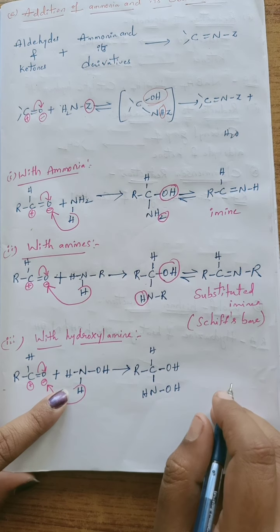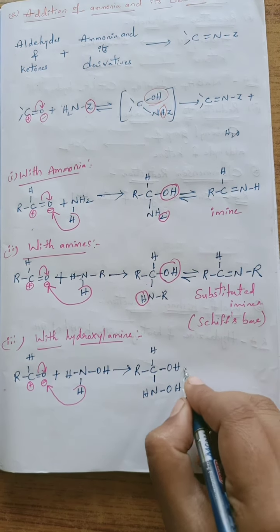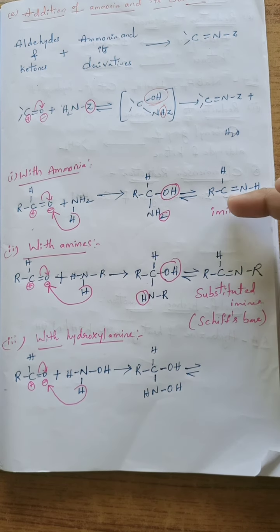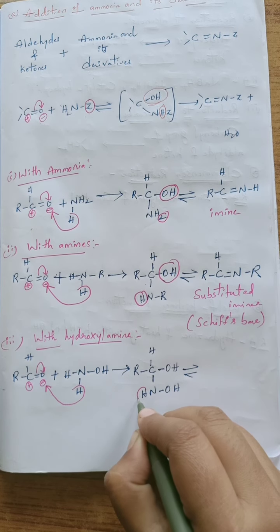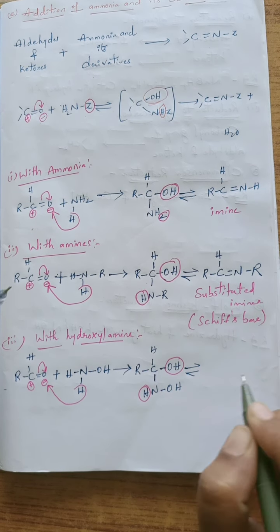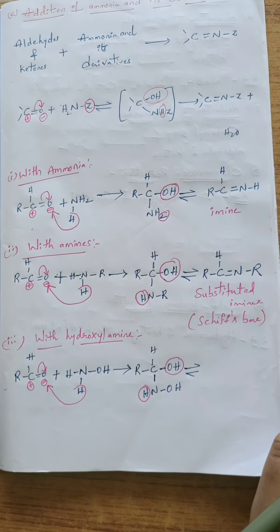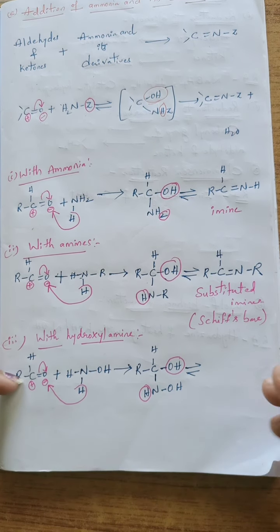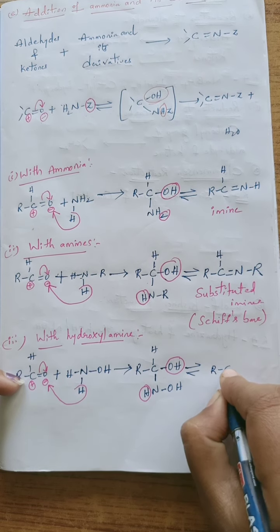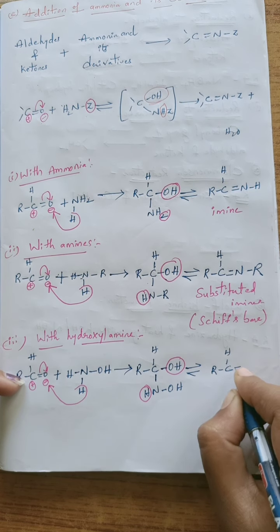Okay, in the next step, removal of water, as usual, what happened in the above two reactions. See here, hydrogen from the nitrogen atom and OH from the carbonyl carbon atom together eliminate as H2O. Now between carbon and nitrogen a double bond is created. We will get here R, C, H double bond.